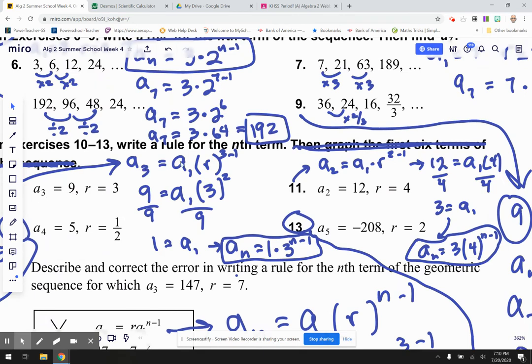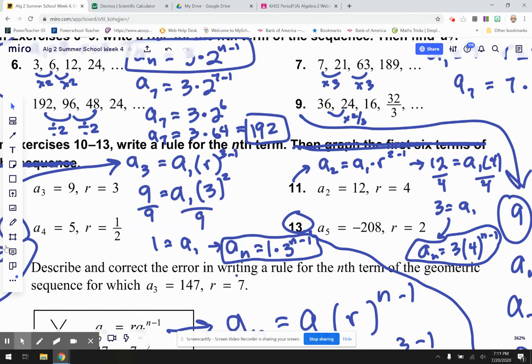So a3 would be when we'd have a 3 minus 1 up here. So I'm going to plug in a3, which was 9. Put that in here, 9. a1 I don't know yet, but I've got to find a1 for my rule. And then r is 3. Now 3 squared is 9. So I can just divide by 9 on both sides and get a1 by itself.